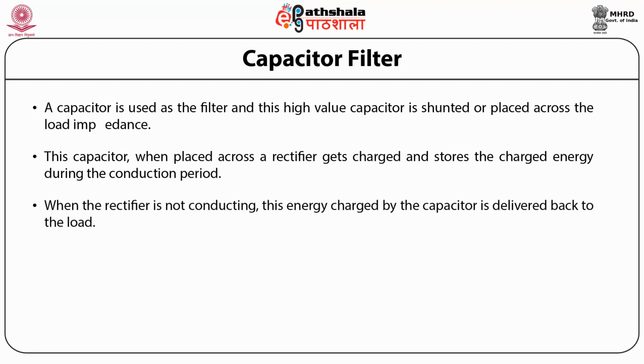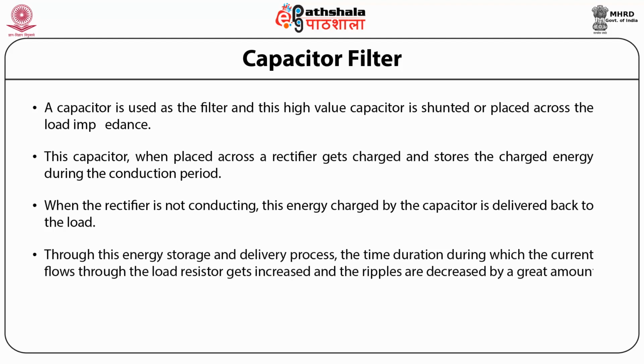When the rectifier is not conducting, this energy stored by the capacitor is delivered back to the load. Through this energy storage and delivery process, the time duration during which the current flows through the load resistor is increased and the ripples are decreased by a great amount.